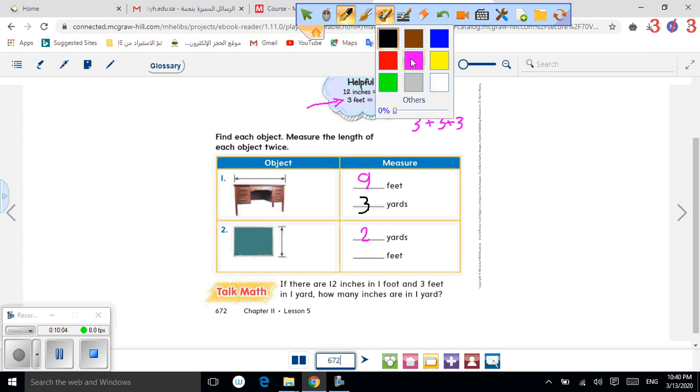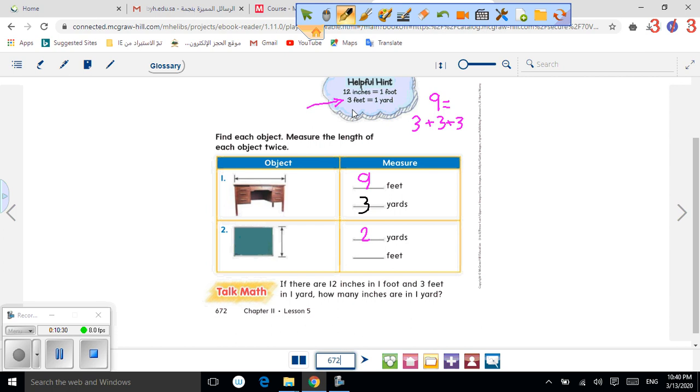Also, I found that this board is about 2 yards. So I want to convert from yards to feet. How many feet in 2 yards? Our rule is the same rule that 3 feet equals 1 yard.